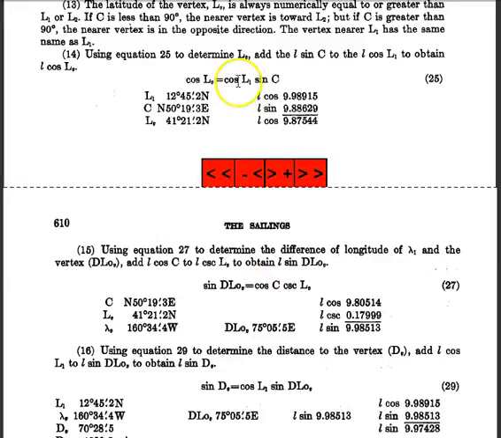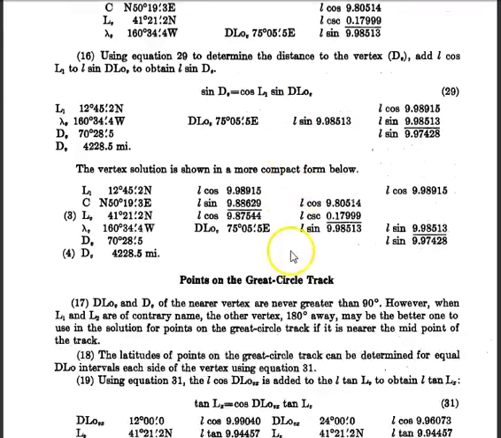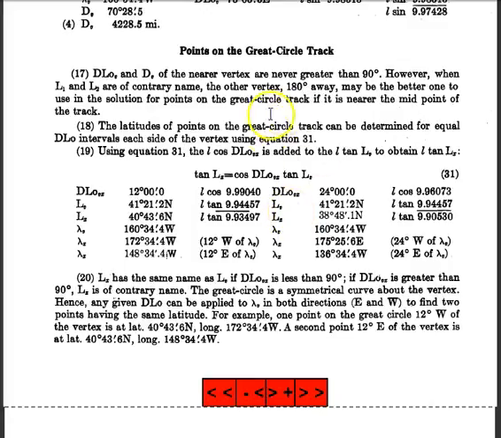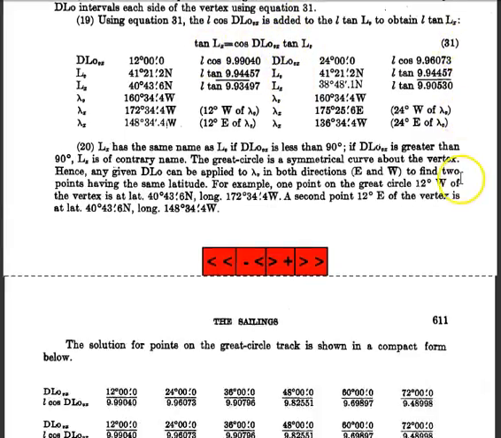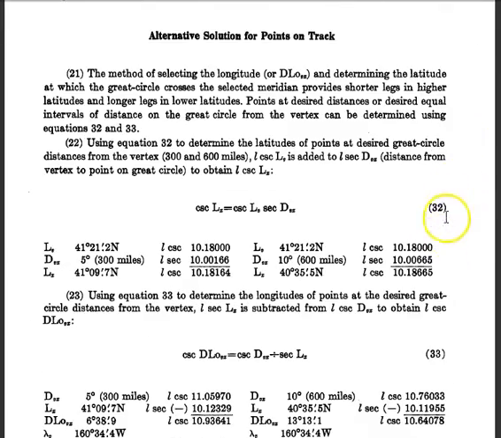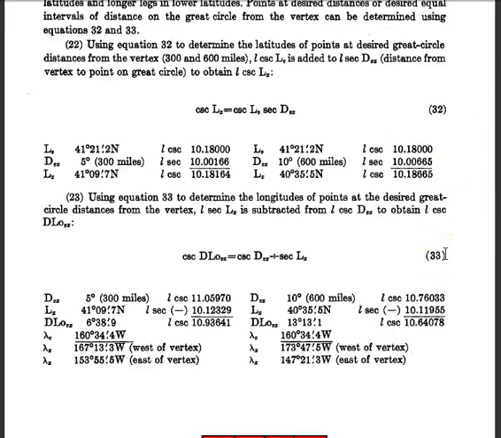So now again, you look at these and you look at what was given to you in the problem. You're going to have two variables, you've got to find the third, so choose the right formula. You might have to rearrange it, solve for L1 or something like that, but you can do that. Now for points along the great circle track, here's formula 31. Here's formula 32, there's formula 33, as promised.